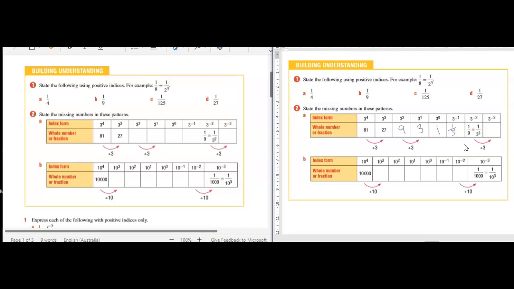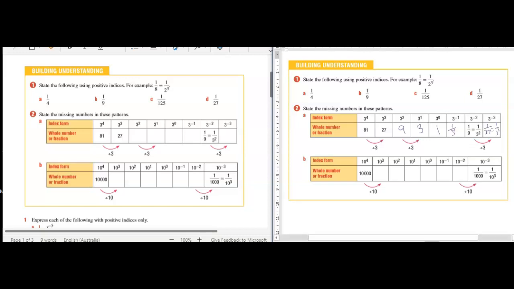Then 1/9 divided by 3 gives you 1 over 27. If we were to write that in index form, it would be 1 over 3 to the power of 3. Hopefully you can read that there. So that's just showing you how it works.